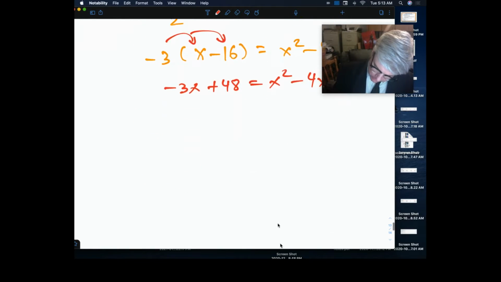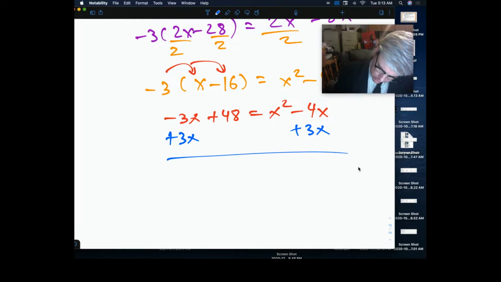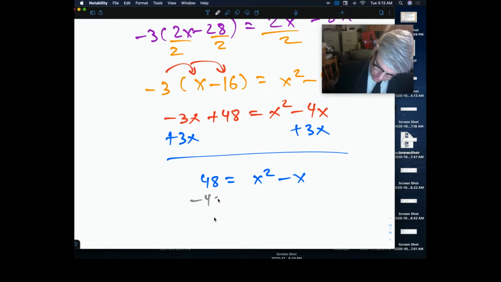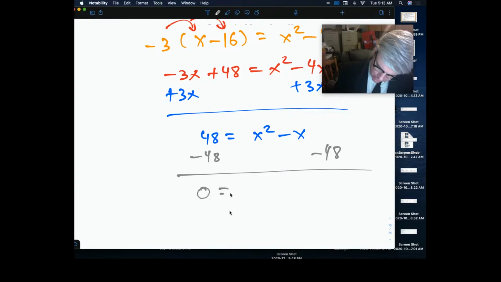So I'm here, and then I'm going to add 3x. So 48 equals x squared minus x, and then I'm going to subtract 48. The point is, what I want to do is always get my trinomial by itself, right?